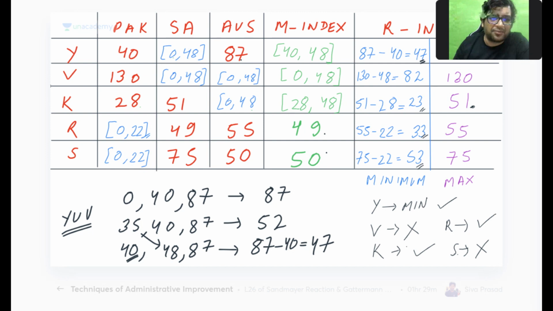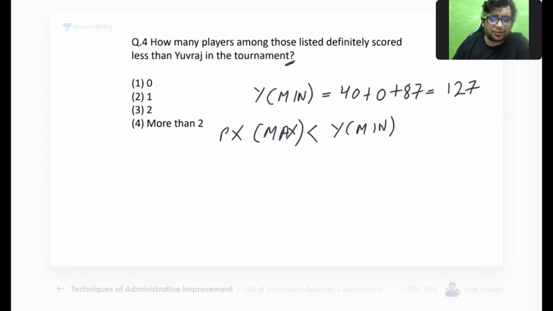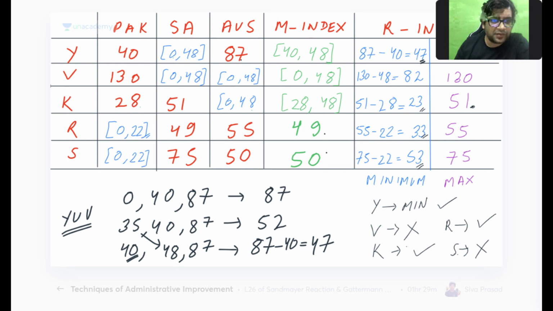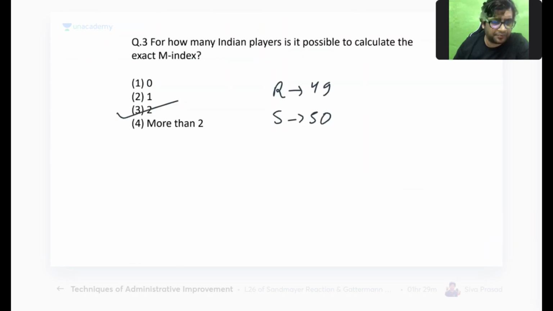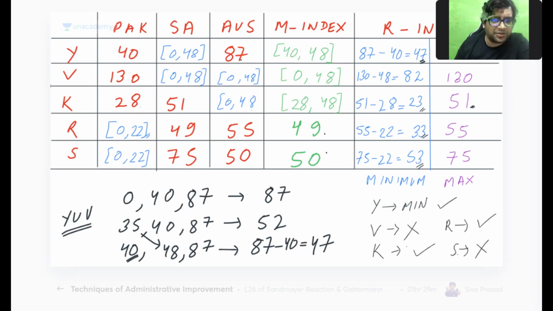So Viren Sehwag, maximum? His single score is 130. So Viru max is greater than Yuvraj minimum. So this doesn't work. Kaif max is how much? 28, 51, 48.